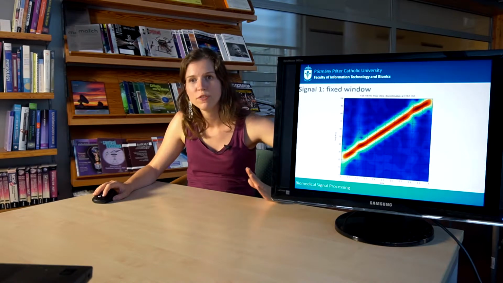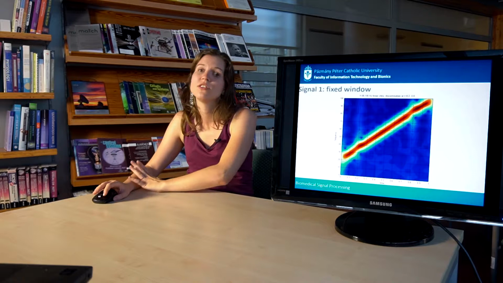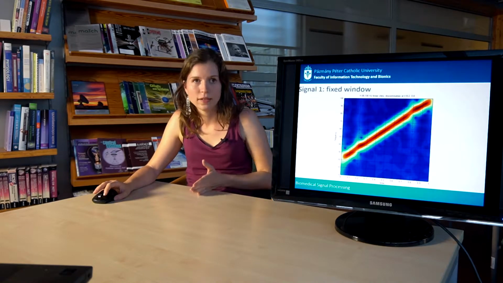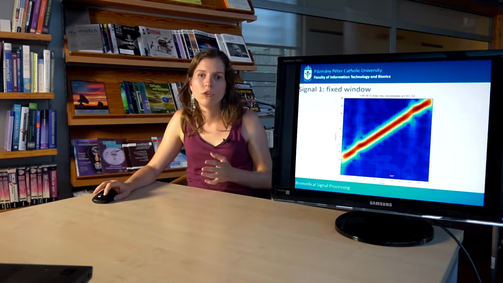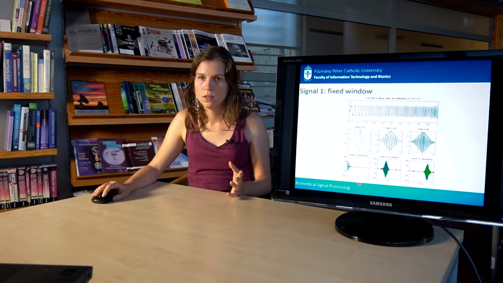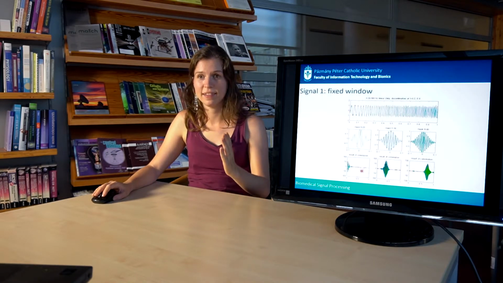So as you are shifting through your basis functions, you see how well they correspond to that given timestamp. So you see these plots on the vertical axis in color on this plot.